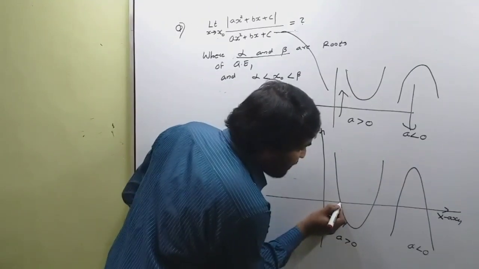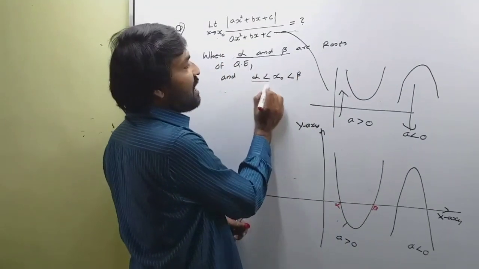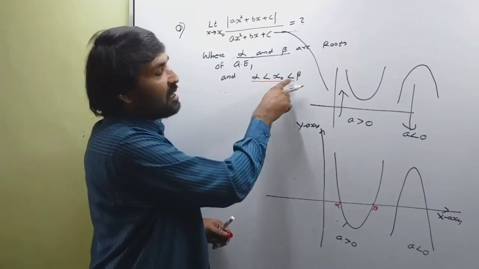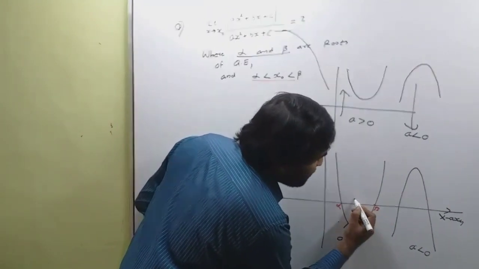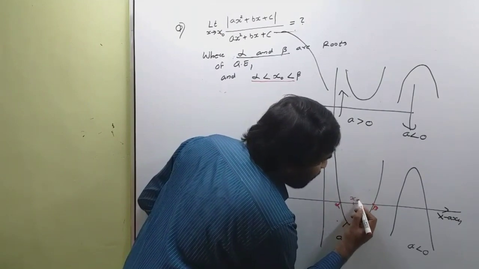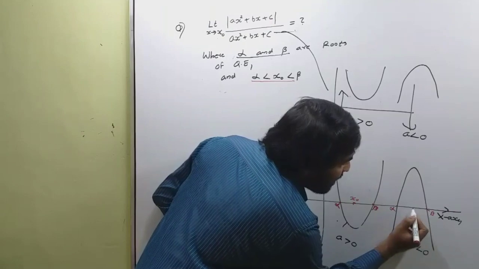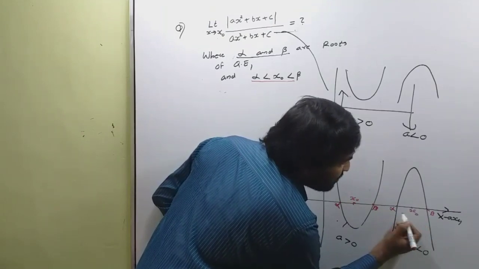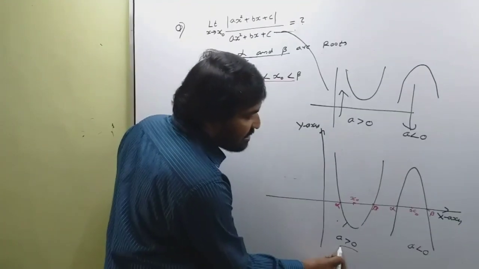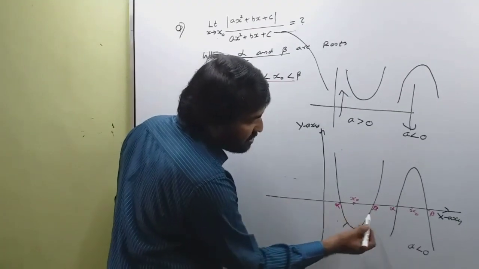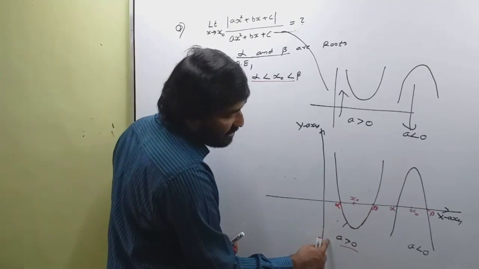Here this point is alpha, this point is beta. Since alpha is less than beta and alpha is less than x naught less than beta, x naught is a point in between alpha and beta. Let this be our x naught. Similarly, for this graph, alpha, beta, and this will be a point x naught, between alpha and beta. Look at this graph. For a greater than 0, in between alpha and beta, the portion of the graph is along the negative y-axis.